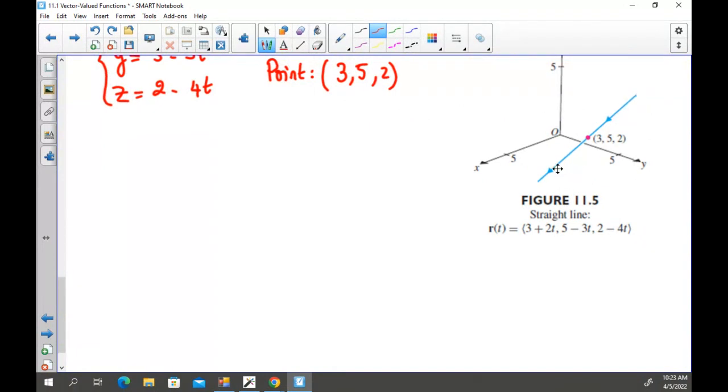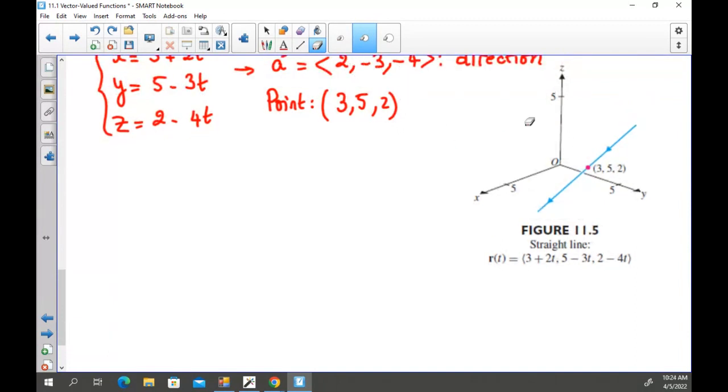Can you see that? So it goes through the point 3, x is 3. Anyway, let me remove that. It's okay. 3, 5, 2. The point, and the direction of the vector is 2, minus 3, minus 4.